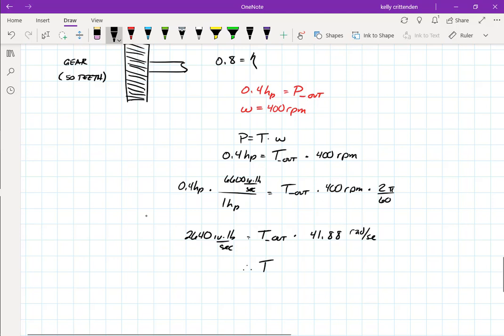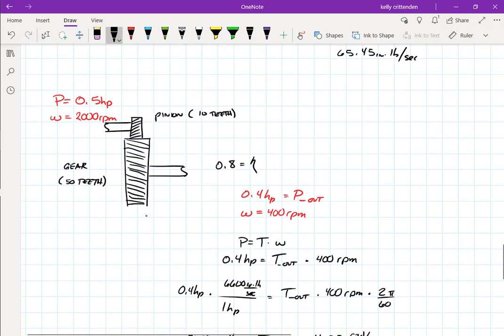So the torque is equal to 2,640 divided by 41.88, which is 63.04 inch-pounds.